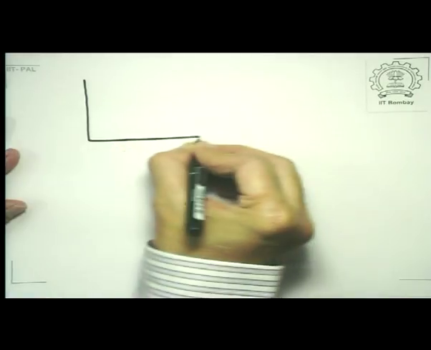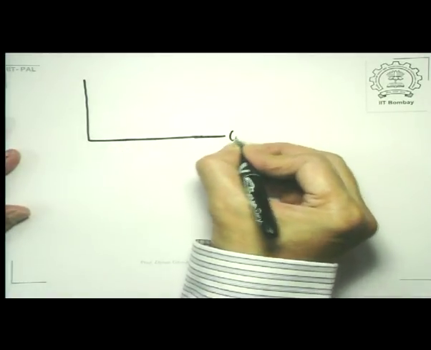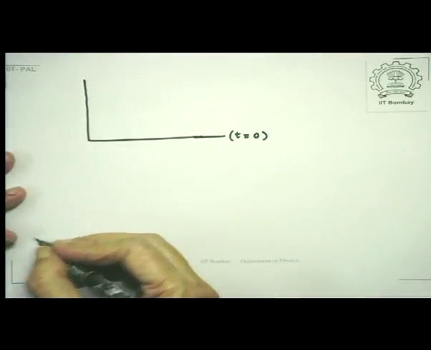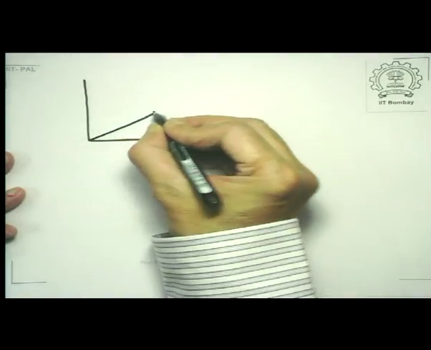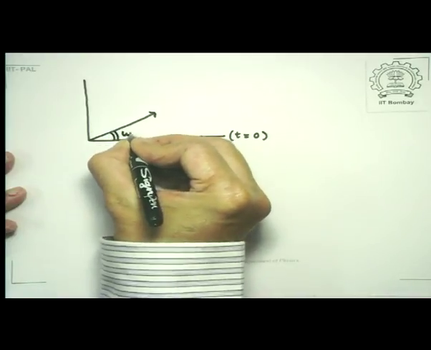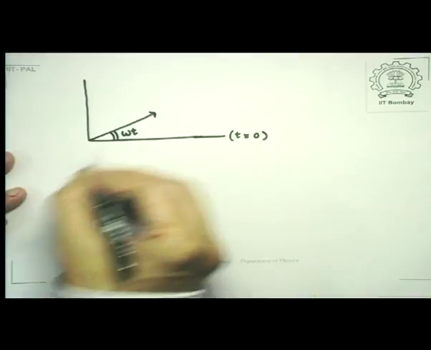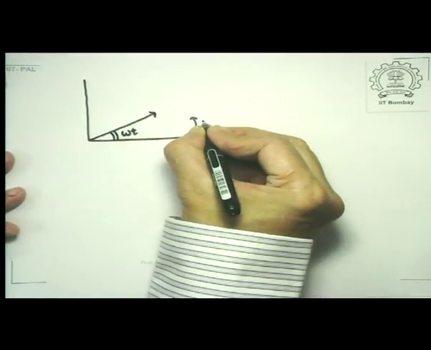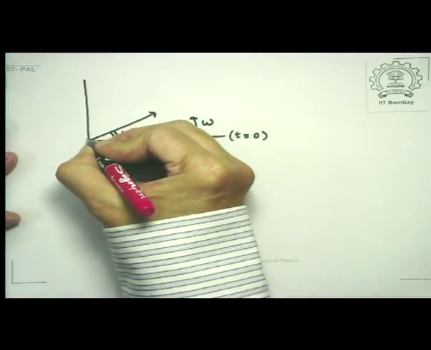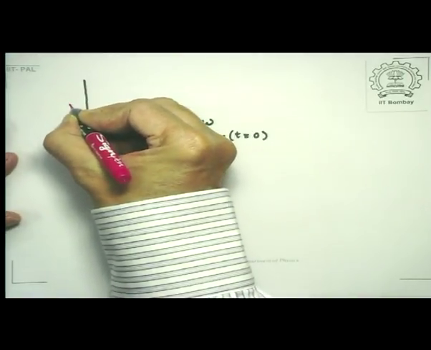Now what happens to the phasor diagram in this case? You recall that we had said that our x-axis here is t equal to 0, that's the reference line, and at time t the phasor is a vector directed at an angle omega t to the t equal to 0 axis, and this phasor is rotating counterclockwise with an angular velocity omega. Since the current leads the voltage by pi by 2, the corresponding current phasor would be given like this.